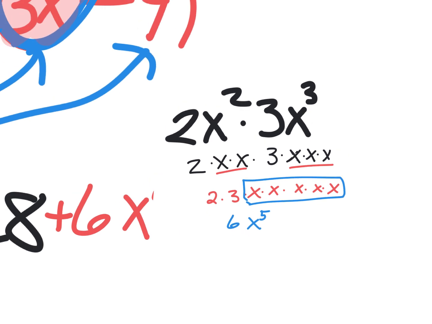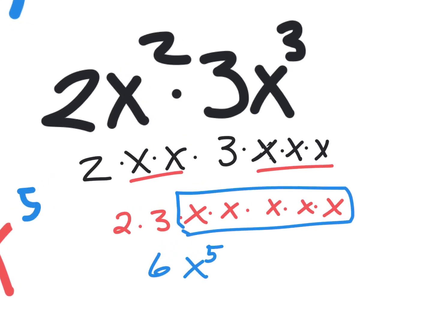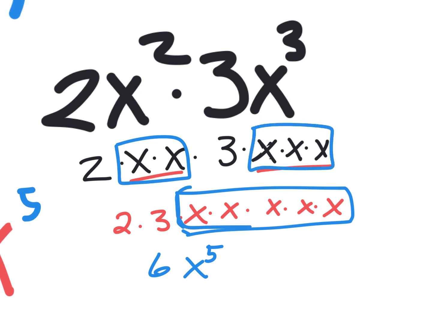I'm a math teacher, and I was really confused for a second there. This is the kind where you add them. So what you need to do is write out what it means. X squared is like xx. X to the third is like xxx. And then if I'm actually multiplying, I can just put them all next to each other. Oh my gosh, there's 5 of them. X to the 5th.